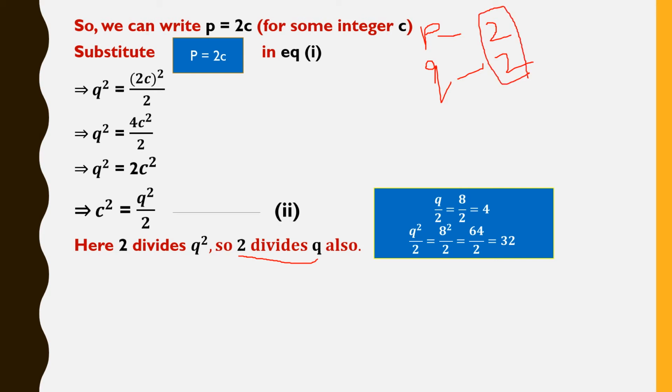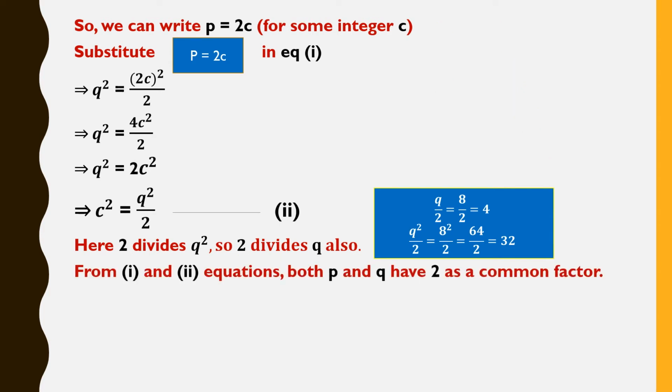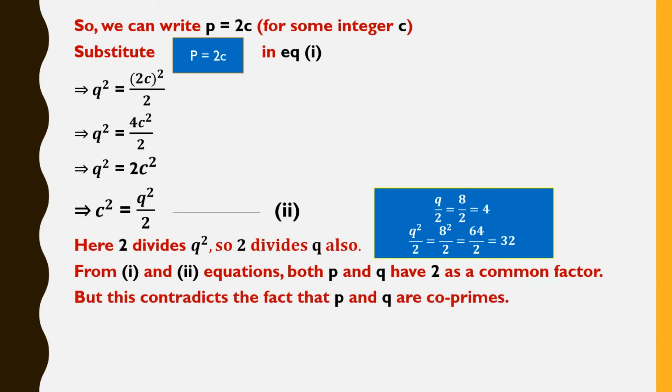But if 2 is a common factor, then they are not co-prime numbers, because only if 1 is the common factor are they co-prime numbers. But we got 2 also as a common factor, so they are not co-prime numbers. So from equations 1 and 2 I can tell p and q have 2 as a common factor, but this contradicts our assumption that p and q are co-prime numbers.